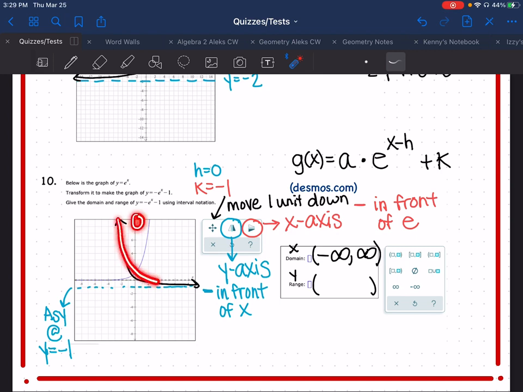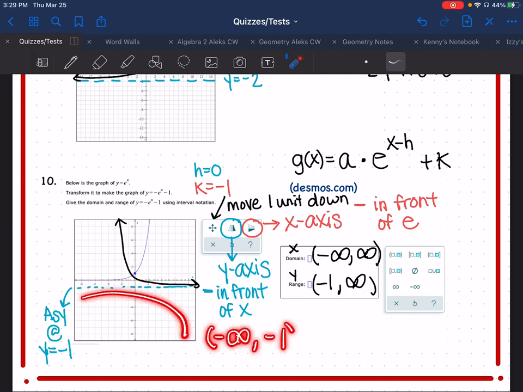Well, notice my graph is mainly in the positive ones, so I'm going to say -1 to positive infinity. If it was flipped down, pretend like your graph was down here, then you would put negative infinity to -1. Okay, that would be the difference between them.